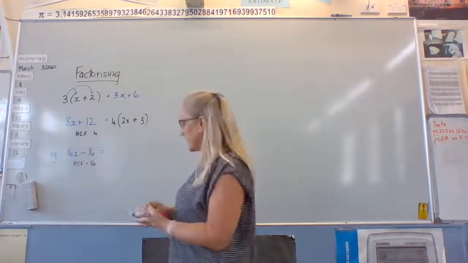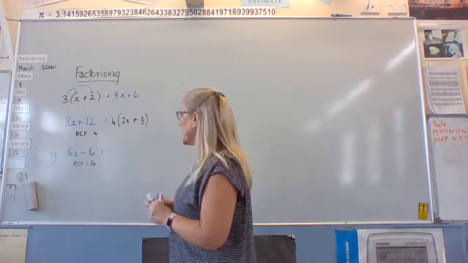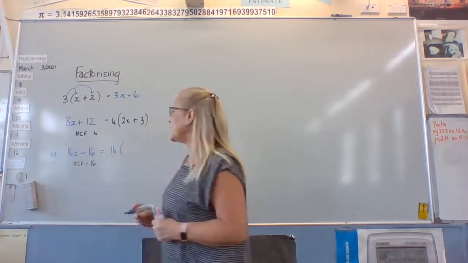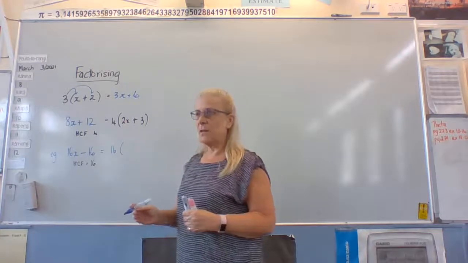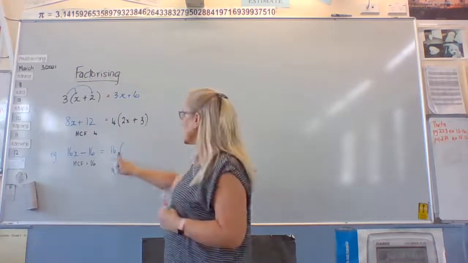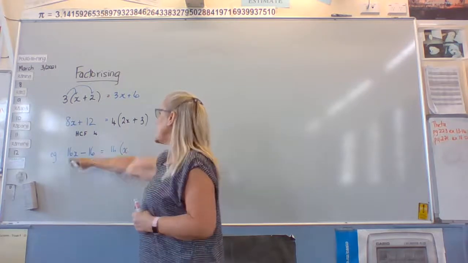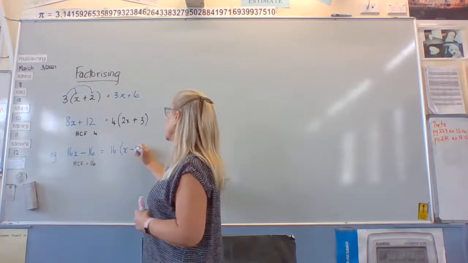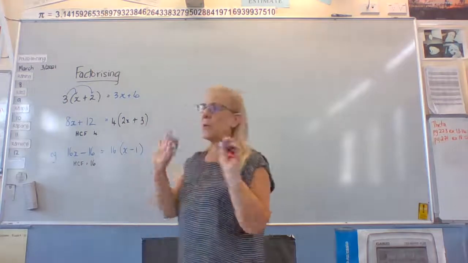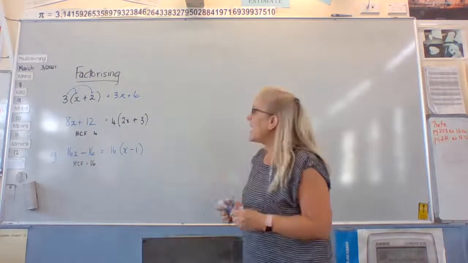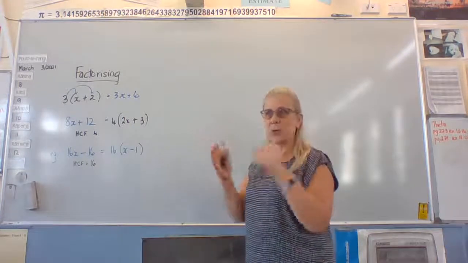And when we take that out, we've taken everything from here, but that doesn't mean we end up with nothing. We are looking at multiplying, so it's 16 times what gives us 16x, and 16 times what gives us negative 16. No problems, right?